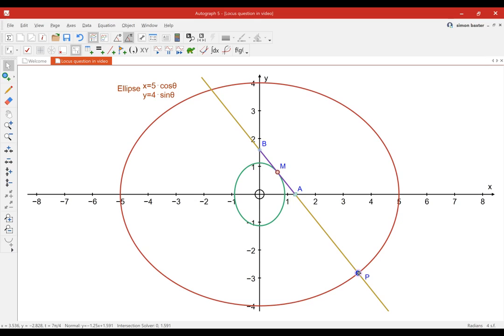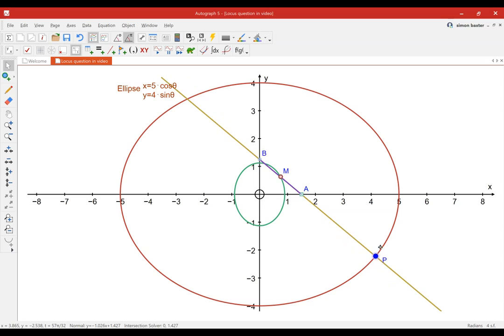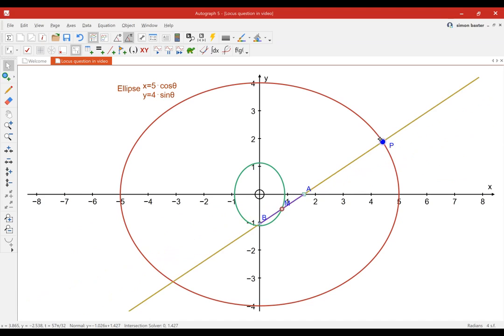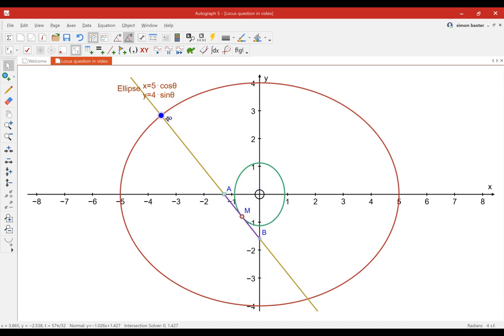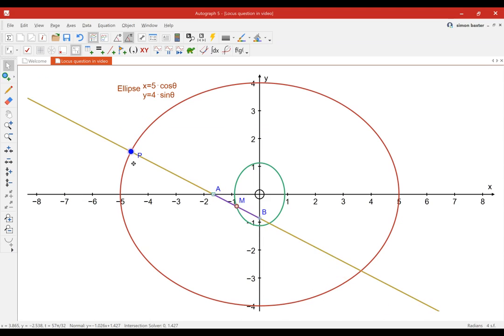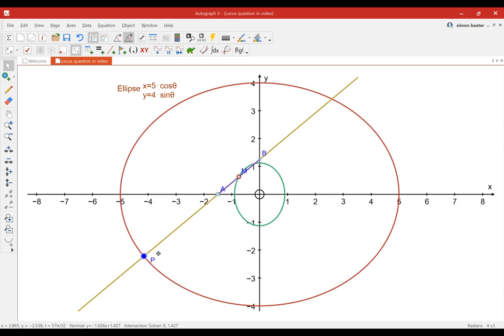That is the ellipse with the equation that we found just now. And if I move this point round, you can see that M stays firmly on that ellipse. So the locus of M, as theta varies, as P moves round the ellipse, is that smaller green ellipse there.